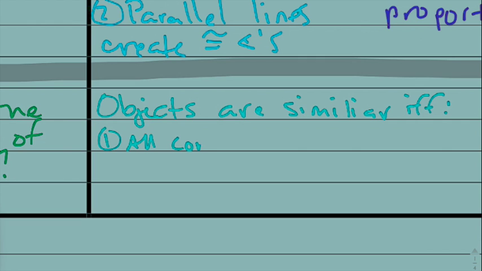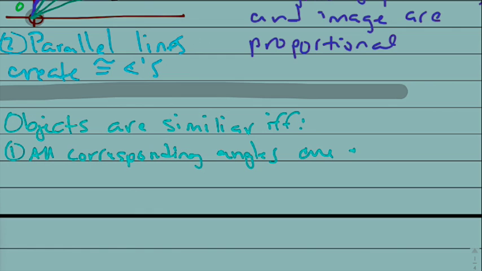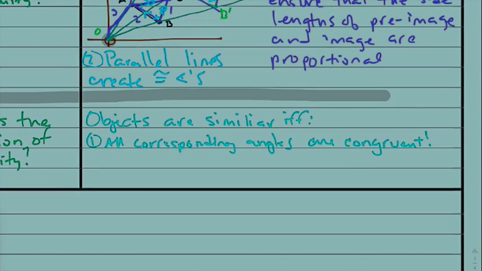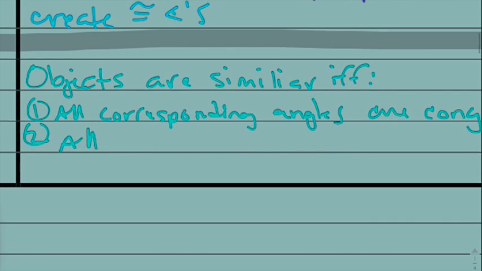All corresponding angles are congruent, which we actually got from the pink condition above. And then the second thing is that all corresponding sides are proportional.